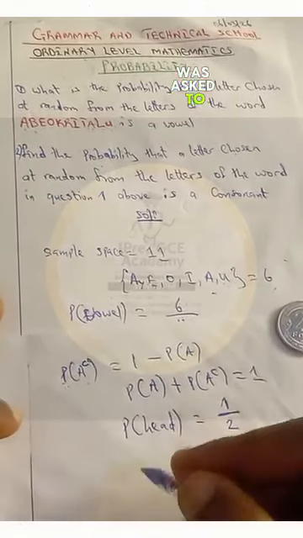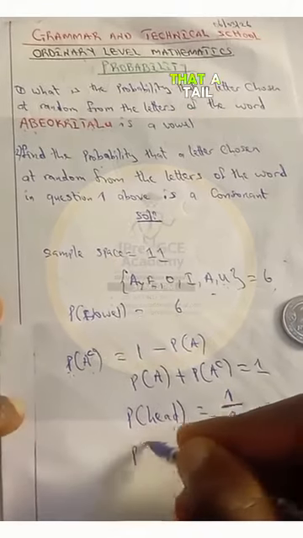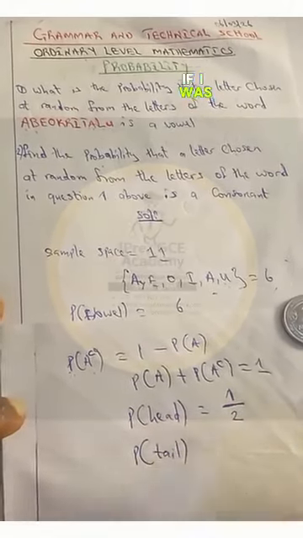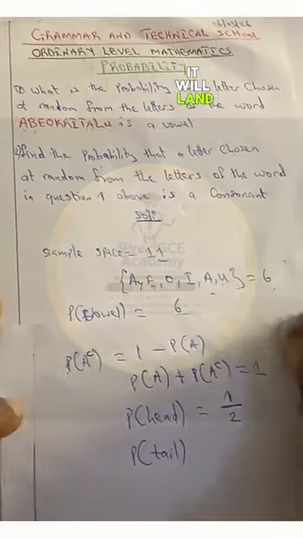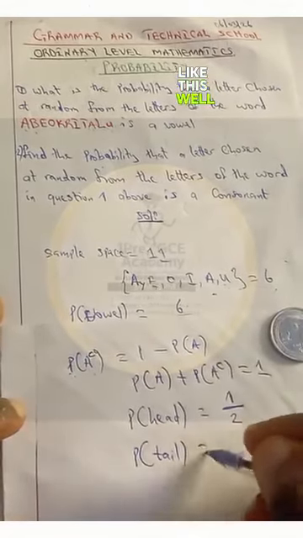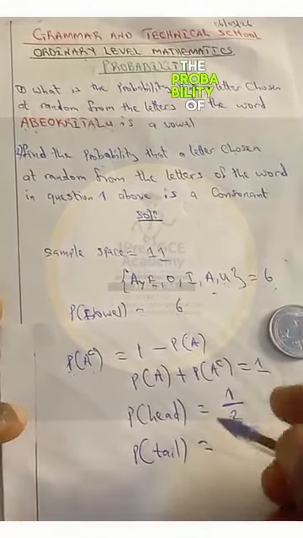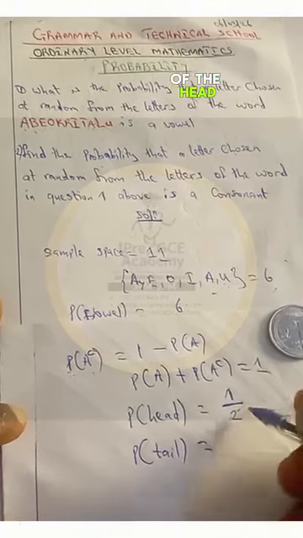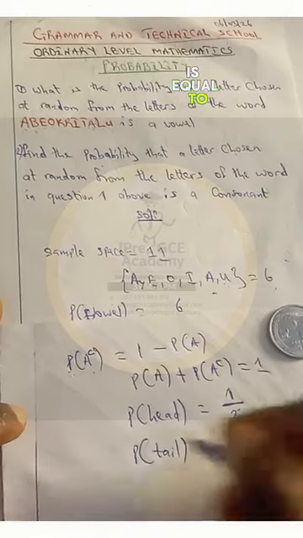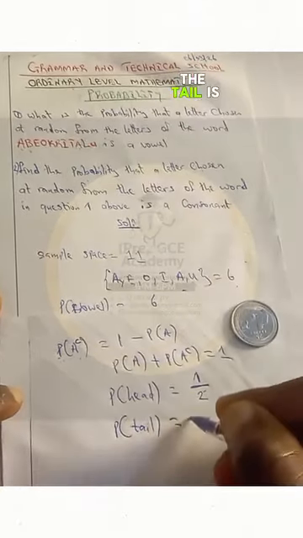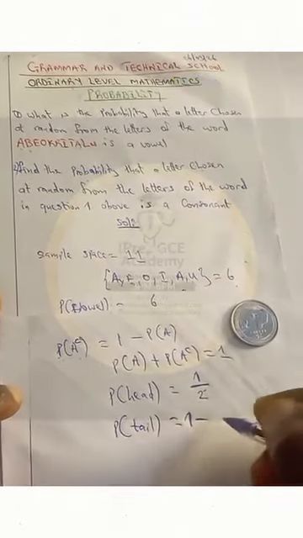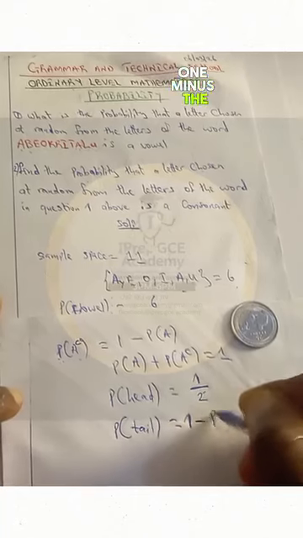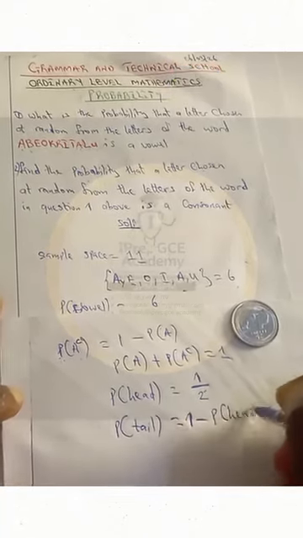What if I was asked to find the probability that a tail will show up if I was to flip this coin, the probability that it will land with a tail like this? Well, I could simply say the probability of a tail is equal to 1 minus the probability of the head showing up.